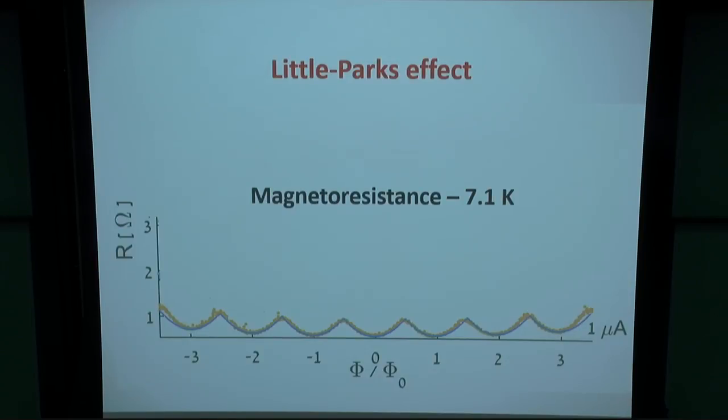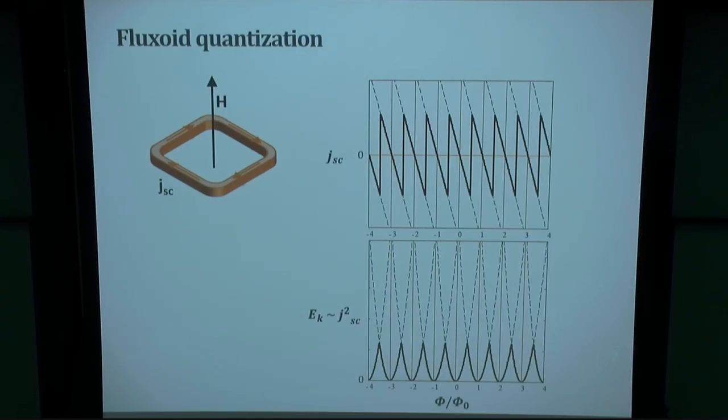What we see here is a result of fluxoid quantization in the ring. In the ring itself, the screening current is linear with the external field. So this is zero, and you see here the diamagnetic linear increase of the screening current.